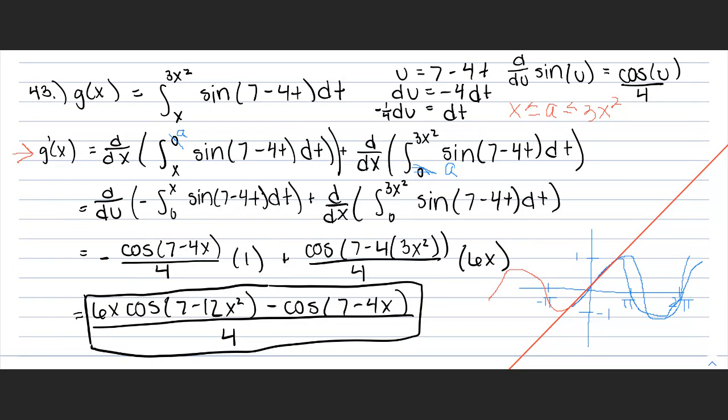Is it the fundamental theorem of calculus? Yeah. You want to apply the fundamental theorem of calculus. That's why you split into two integrals. That's why you want to find a constant in between x and 3x squared. So you split into two. As you said, you want the lower limit to be a constant.